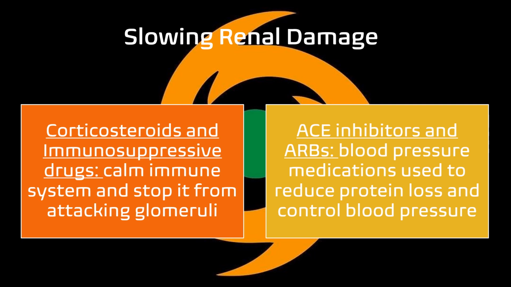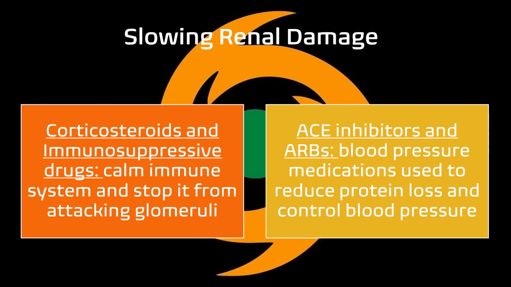ACE inhibitors and ARBs, or angiotensin receptor blockers, as antihypertensives can be used to reduce and offset the protein loss alongside hypertension, and there's also evidence to indicate that certain lifestyle aspects can be helpful as well.